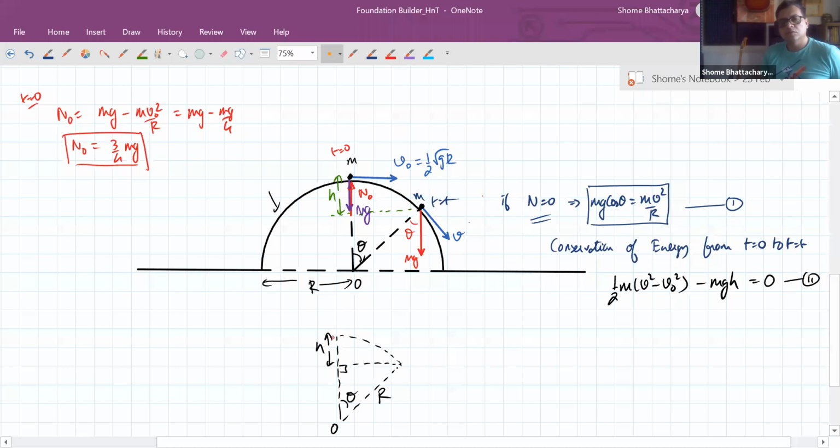Also this whole thing is r, no? Whereas in this triangle you can see this thing is r cos theta. So h is equal to r minus r cos theta. Yes, okay.